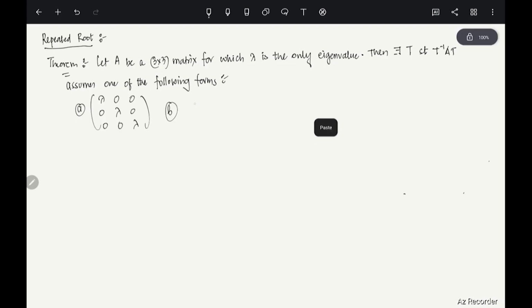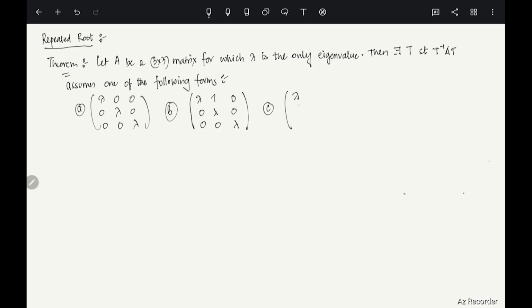Now the other case looks like this: lambda 1 0, 0 lambda 0, 0 0 lambda. Clear? And the third case will look like this: lambda.